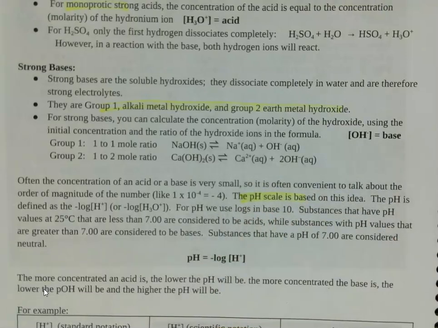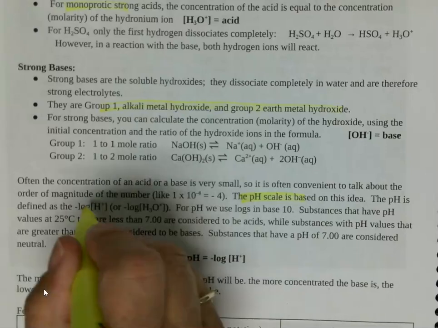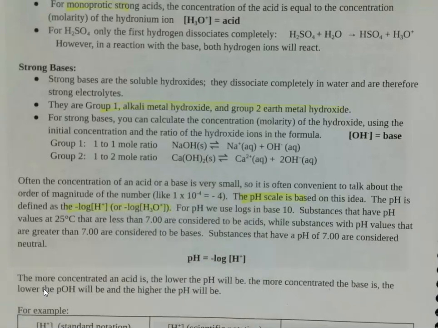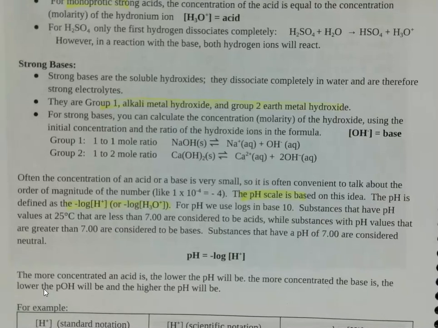Your pH is based on your concentration, and it is defined as the negative log of your hydrogen or hydronium concentration, and then also the pOH is the negative log of your hydroxide ion. And remember, the log is base 10.